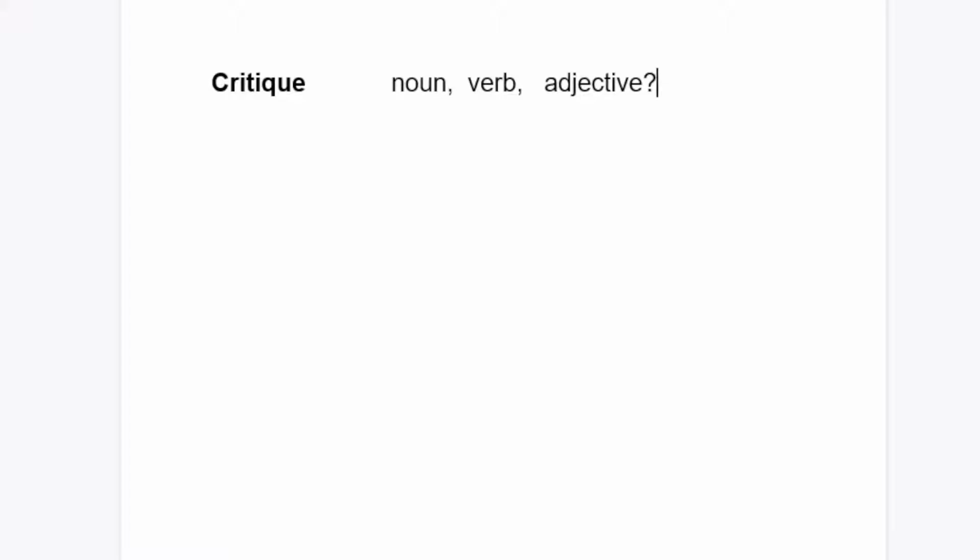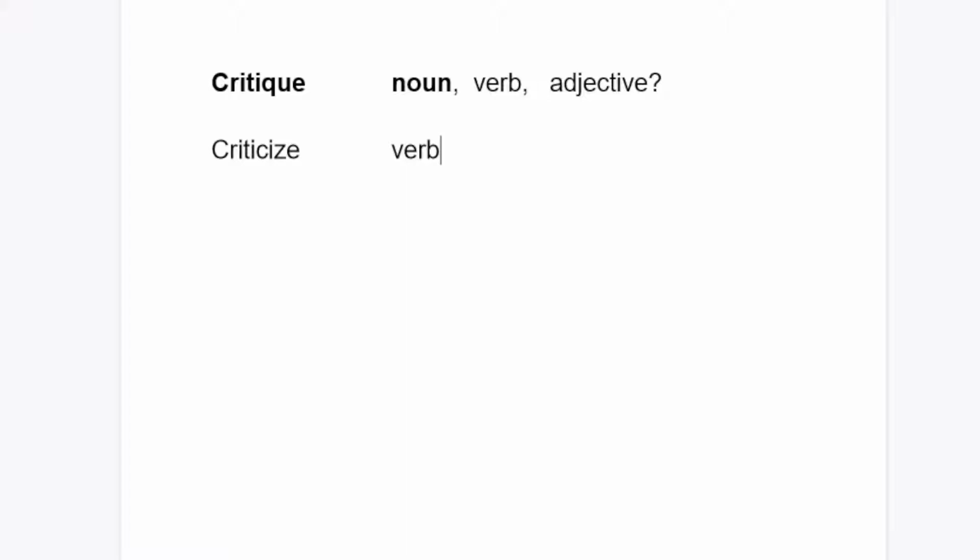The answer is, it is a noun, a critique. So this word is related to this other word, criticize. And this word is a verb, to criticize someone or something.